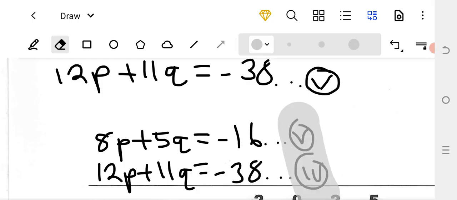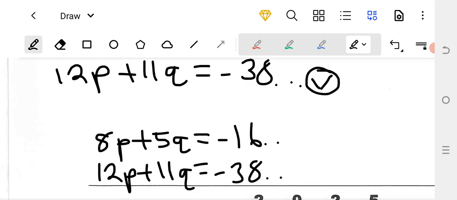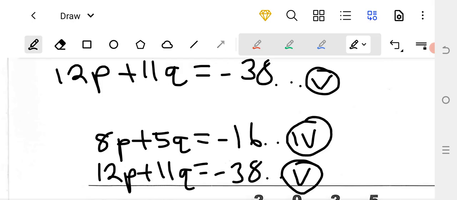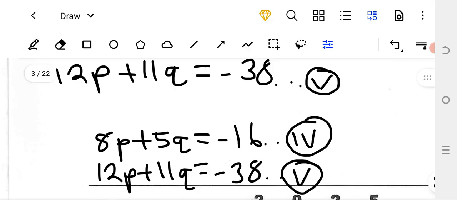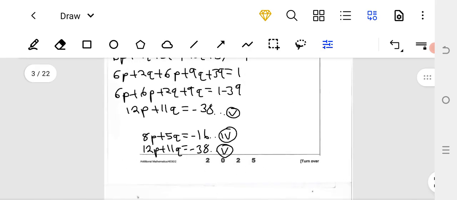Okay, let me clean up here. So this is your equation 4, then this is your equation 5. 12p plus 11q is equal to negative 38, then 8p plus 5q is equal to negative 16. Then to continue, you are just going to clean up.